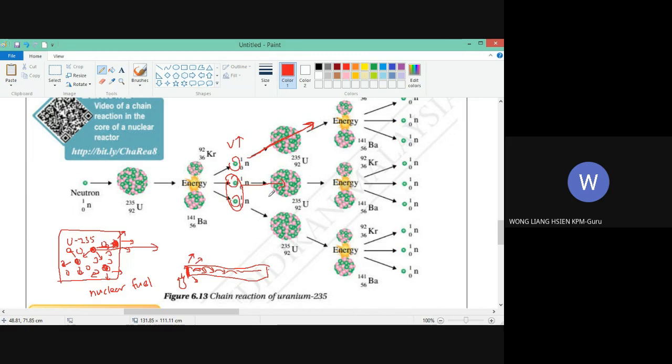That is how you get a very powerful explosion: a big release of energy in a very short time. Then you get an explosion. Some people who don't understand think that a nuclear power plant is very dangerous because if something goes wrong, it will explode like a bomb. It will never explode like a bomb, so please do not have this misconception.